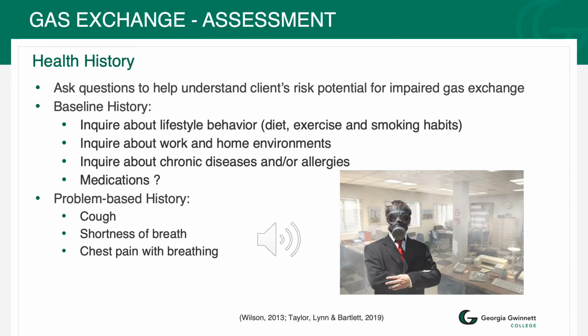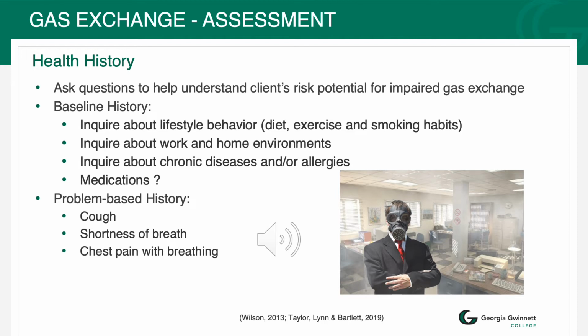So let's walk through the nursing process a bit. Let's start with assessment. So when you have a client that comes in and you're assessing their respiratory system, their general health, you want to ask them questions about their disease processes. Do they have any more risk for impaired gas exchange based on their lifestyle, right?